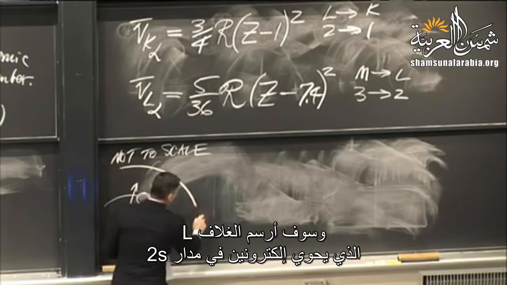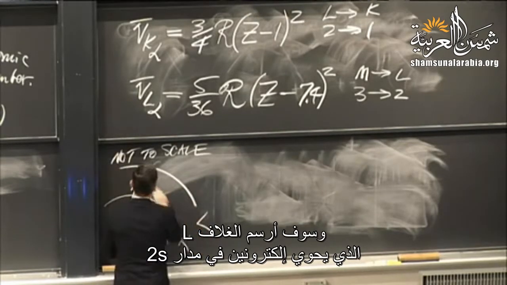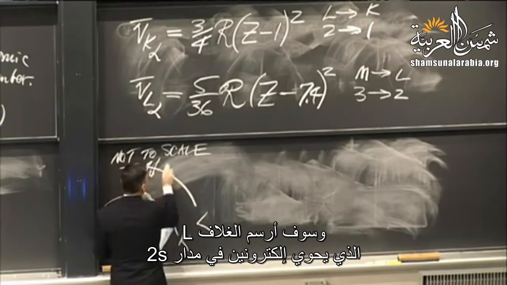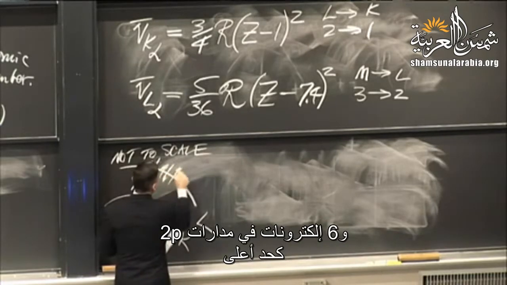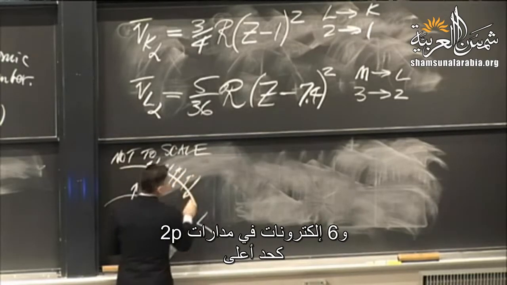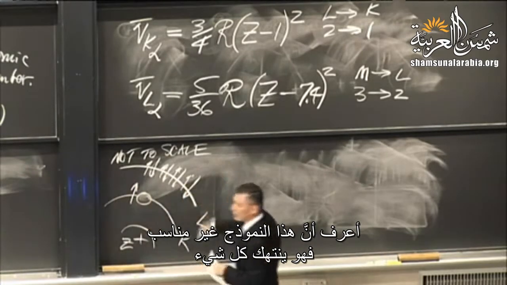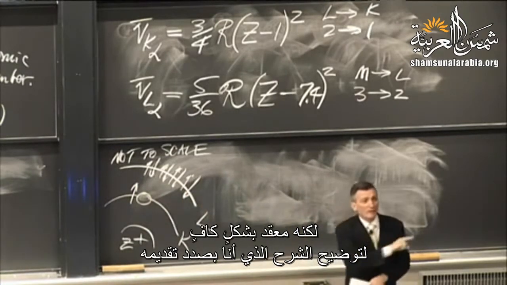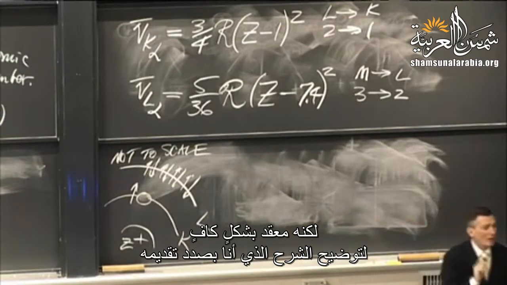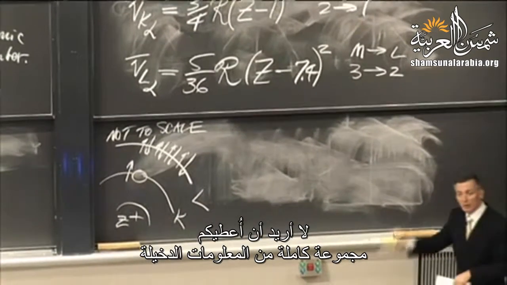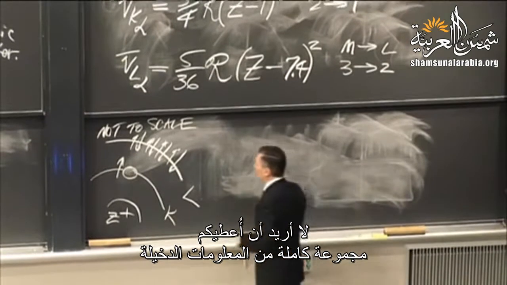And then I'm going to draw the L shell, and it's got what? There's 2 from the 2S, and then 6 from the 2P, at most. I know this is a terrible model. It violates all kinds of things. But it's as complex as it needs to be for the explanation I'm about to give, and I don't want to load you down with a whole bunch of extraneous information.